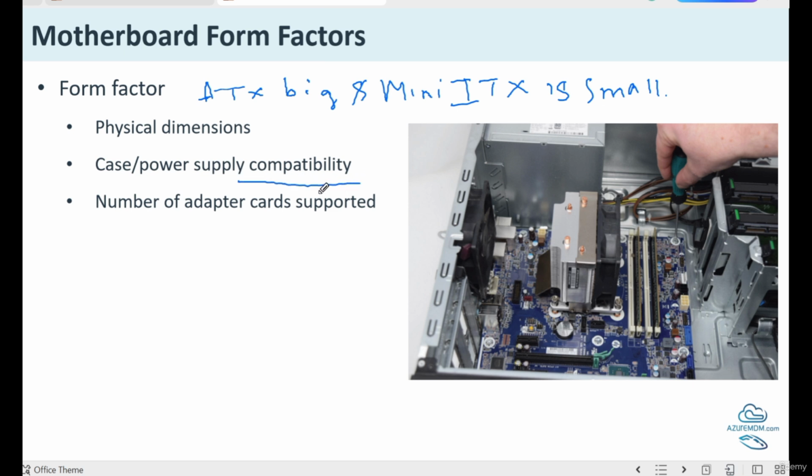Big motherboards like ATX need big cases and standard PSUs. Small motherboards, mini ITX, fit in compact cases with smaller PSUs. Number 3, number of adapter cards supported. ATX supports many GPUs and expansion cards. Mini ITX usually fits just one GPU.